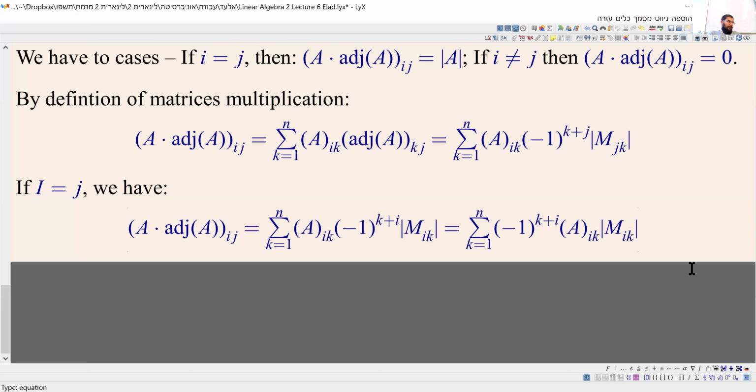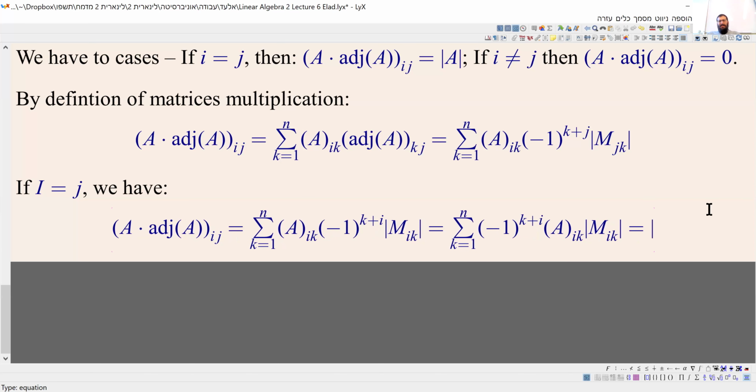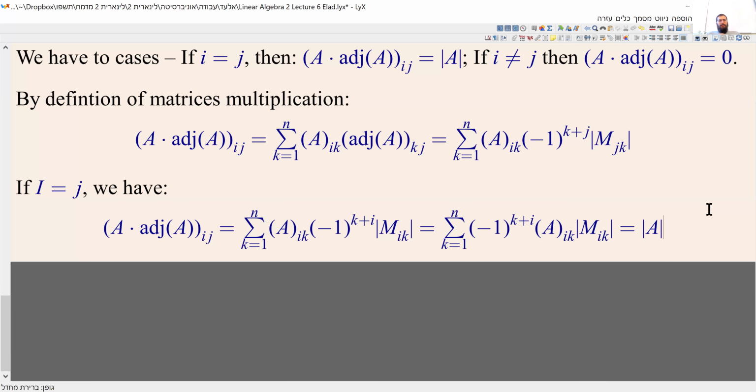It's not the definition, the definition uses permutations, but it's a formula we've already seen, the element multiplied by the minor multiplied by minus 1 to the power of k plus i. So as required, when i is j, we just get the determinant of A.